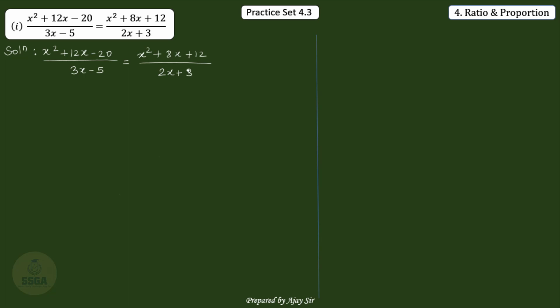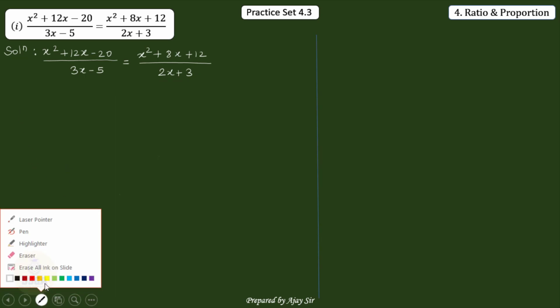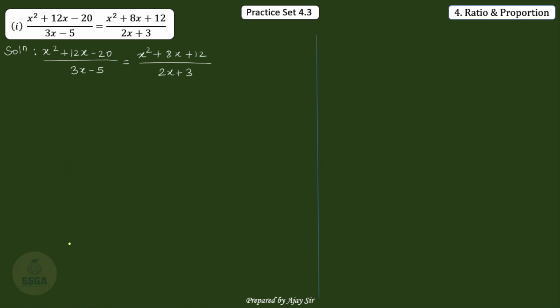Now here this term you have to convert into these two forms. Similarly this term you have to convert into these two forms. So let us multiply the denominator by 4, means multiplying both the sides.